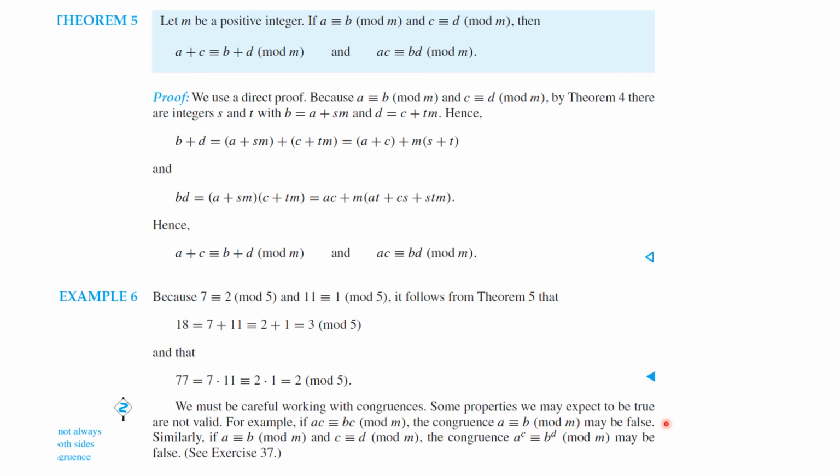It may be false, and we'll talk more about that later. And similarly, if a is congruent to b and c is congruent to d, a to the c is not congruent to b to the d in general. It may be false. And we'll discuss conditions for this exponentiation and this cancellation property later.